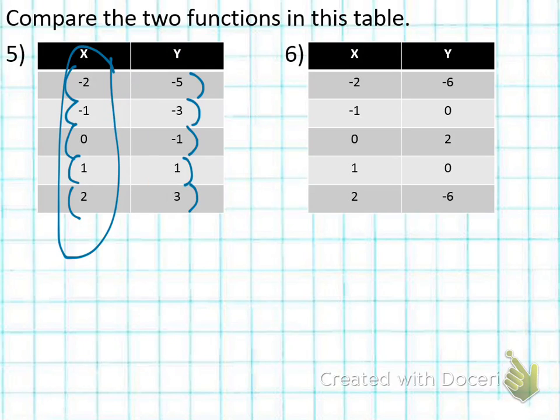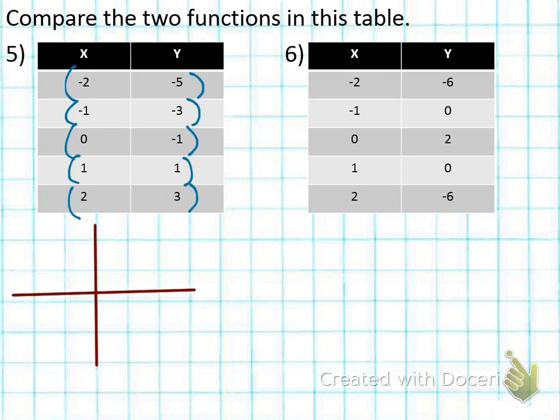So what I would do is make a rough sketch of what's going on, okay? Let me draw that a little straighter. On this one, I know the graph goes through -2, -5, so there's a point here, and the next point is -1, -3, then 0, -1, then 1, 1, and then 2, 3.